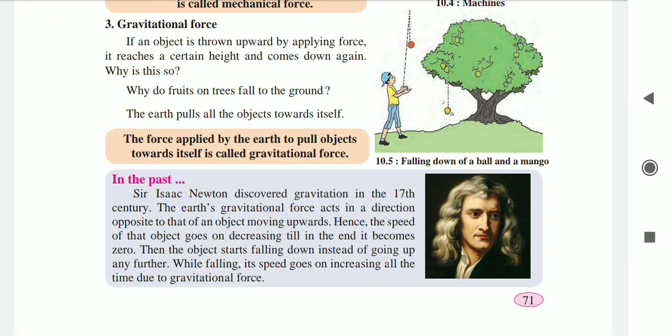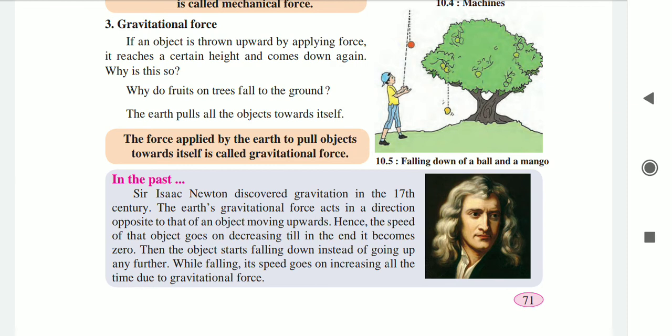Hence, the speed of that object goes on decreasing till in the end it becomes zero. Then the object starts falling down instead of going up any further. While falling, its speed goes on increasing all the time due to gravitational force.